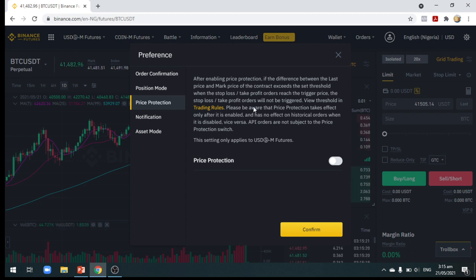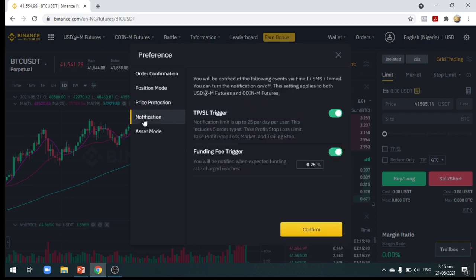So basically, this allows you to protect yourself from excessive loss. So you may want to turn that on if you choose, or you can decide to turn it off, whichever way. You have to confirm your selection.